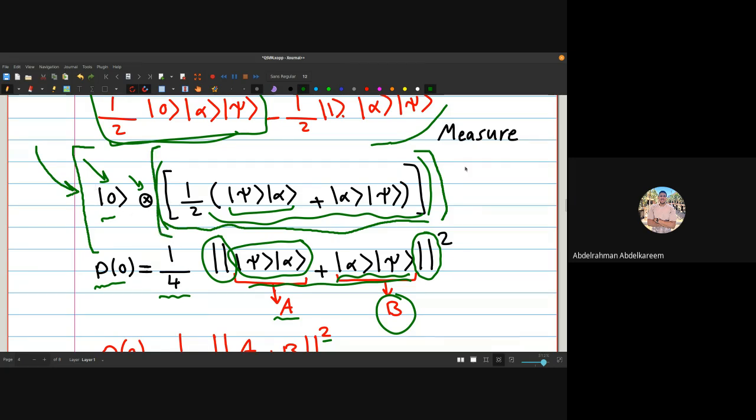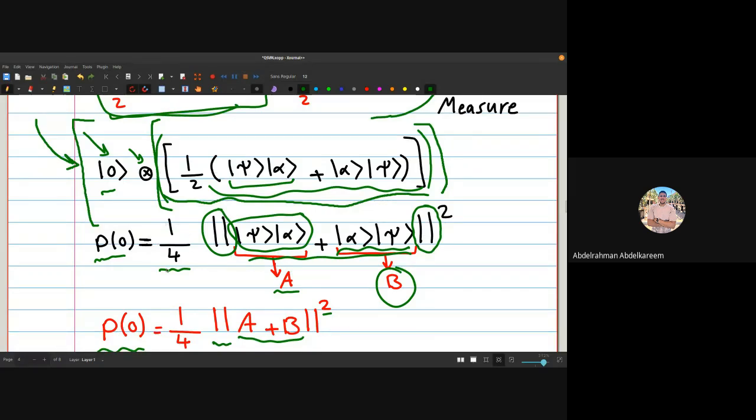Then we square it to get the probability of 0. 1 over 4, the norm of this whole state, ket psi, ket alpha plus ket alpha, ket psi, squared. So this is the normal way to get the probability of the auxiliary qubit being 0 when we measure. So is it clear for now?